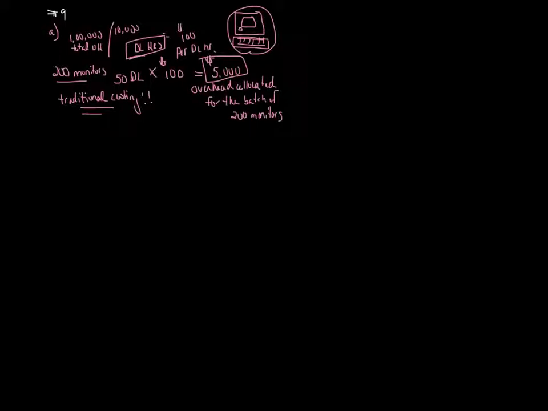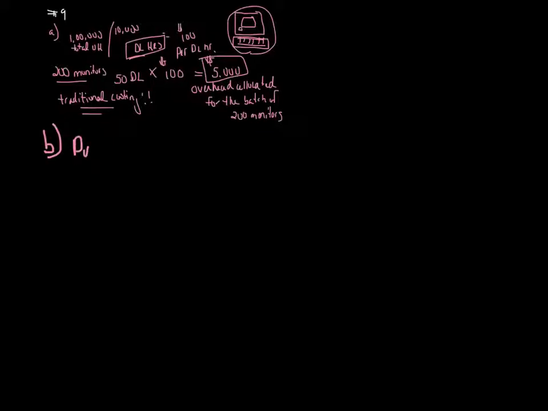I'll leave it to very exciting things like calculating this overhead using ABC costing. So where do we need to start? Remember, we have to start with coming up with that predetermined overhead rate by activity. It gives us the activities.